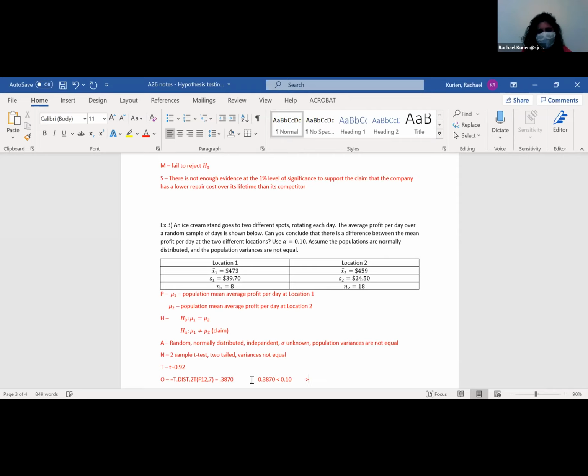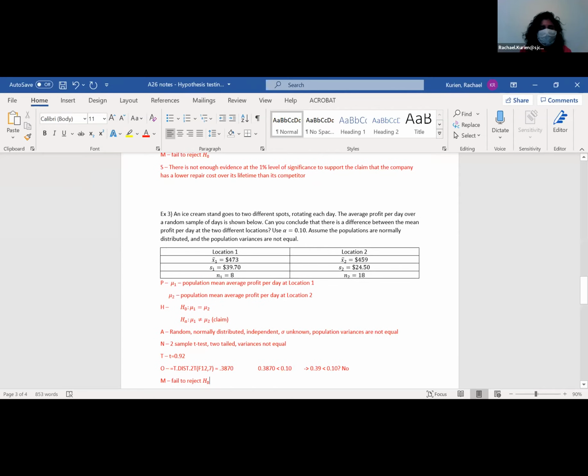And if you are not comfortable with 4 decimal places and comparing it to 2, you can cut it down and just round. Is 0.39 less than 0.10? Nope. So we fail to reject the null hypothesis.